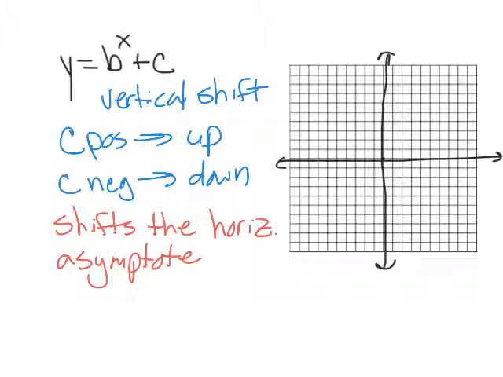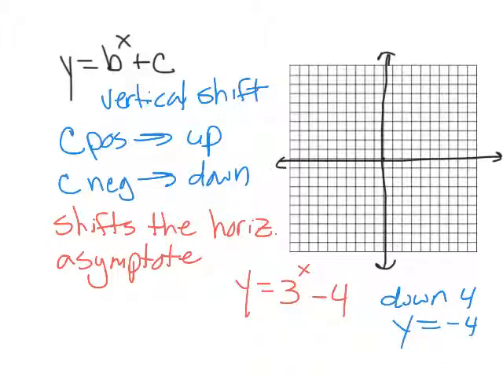So over here I'm going to graph this one: y is equal to 3 to the x minus 4. That means I'm going to shift down by 4, and my new asymptote is going to be at y is equal to negative 4. So I'm going to put that in. Here's my new asymptote. Everything else is drawn relative to it.